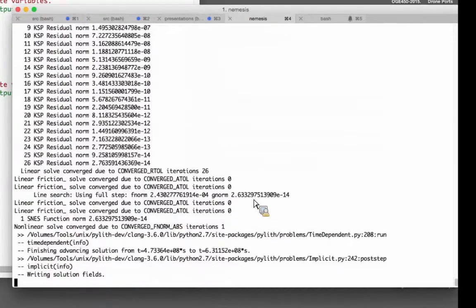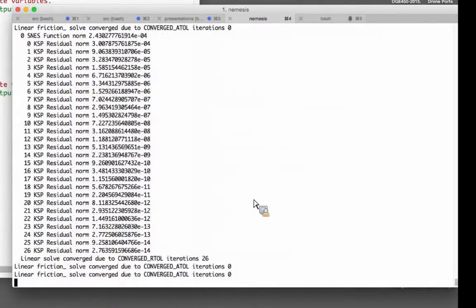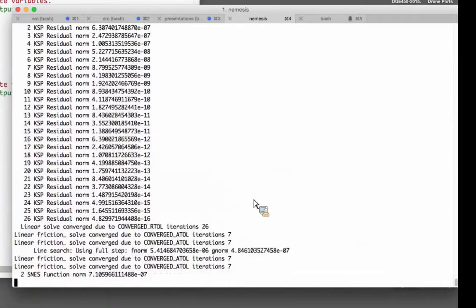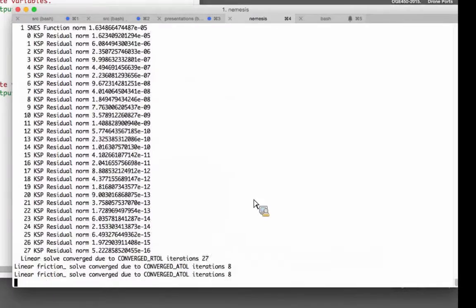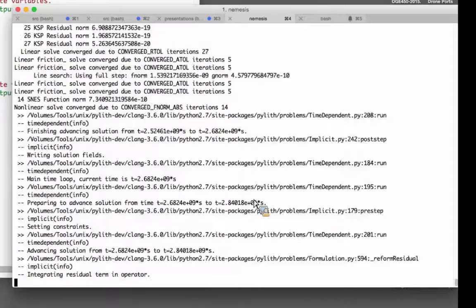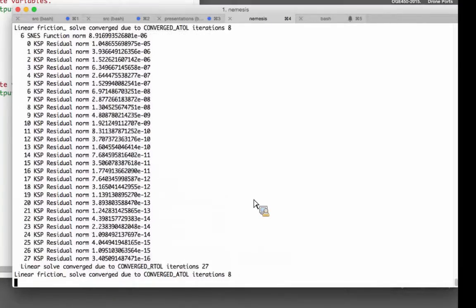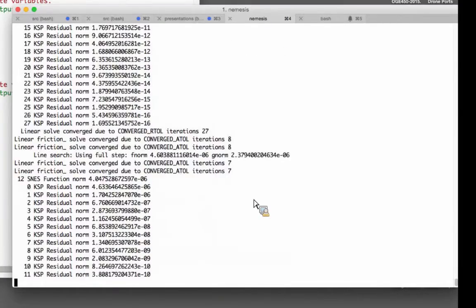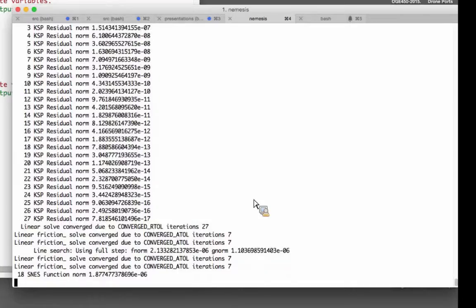Here we're running multiple time steps of the nonlinear solve, so it's going to take a little while to run, because at each time step it's going to do a nonlinear solve that involves a number of iterations.